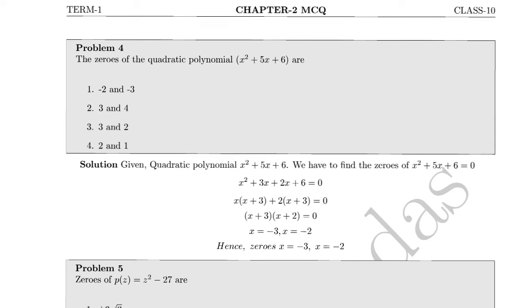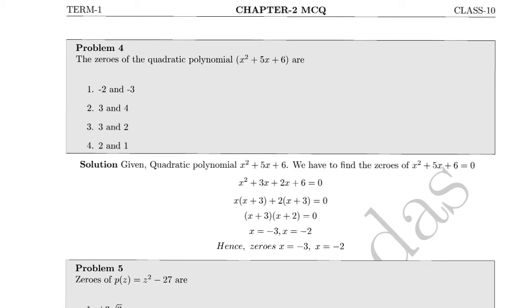The zeros are the values which, when we put them in place of x in the polynomial, give the value of the polynomial as 0. Then we'll solve this equation by the splitting method. We'll split 5x as 3x plus 2x, since 3x into 2x is 6x square.